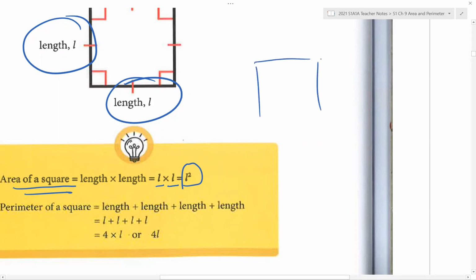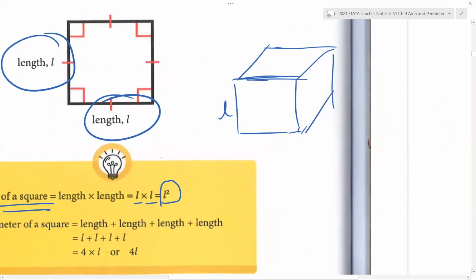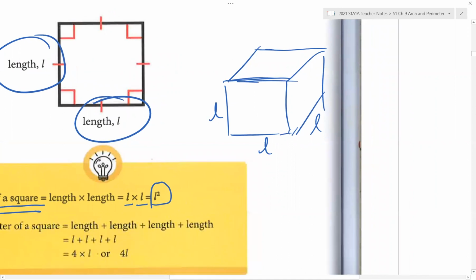Then got a question. What is this shape that I'm drawing? This is called a cube, like when you play board games, there's dice, right? So the dice, that is a cube. I do not know if you have learned volume in primary school. If this is L, this is L, and this is L, what is the volume?